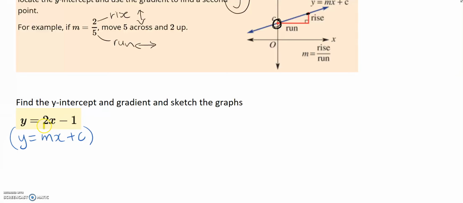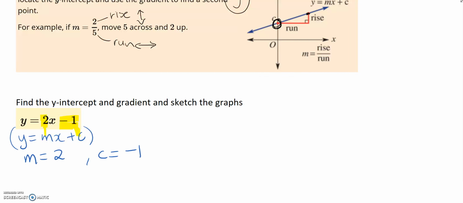Our m is the coefficient of x, so that's 2. And our c is the constant, which is not 1, but -1. So -1 is our c, the y-intercept, and 2 is the gradient. Let's write that down: m = 2 and c = -1.